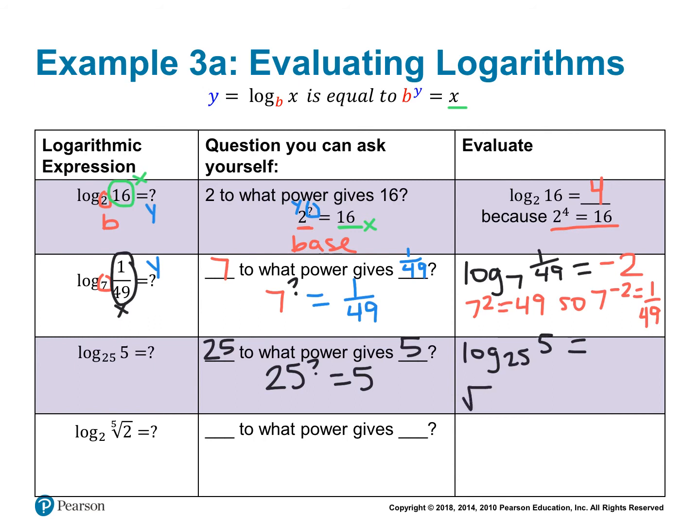So you probably know that the square root of 25 is 5. So this is the same as 25 to the 1/2 power equals 5. So that means our missing exponent here is a 1/2.